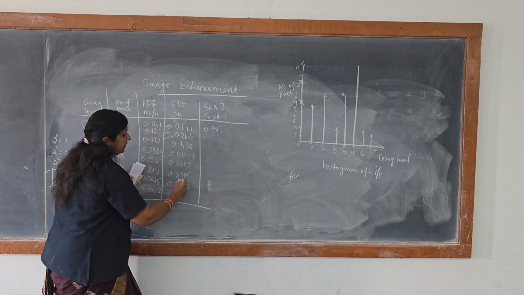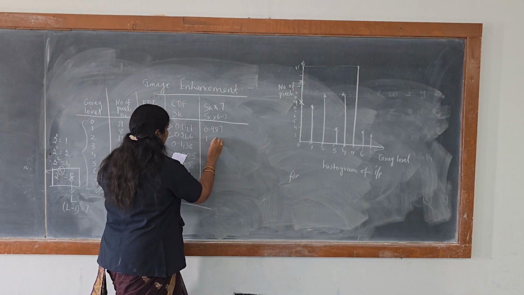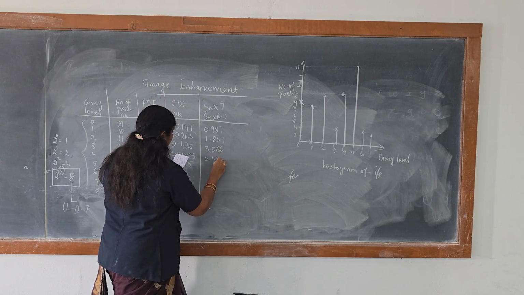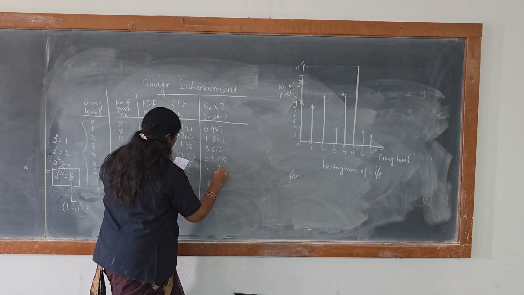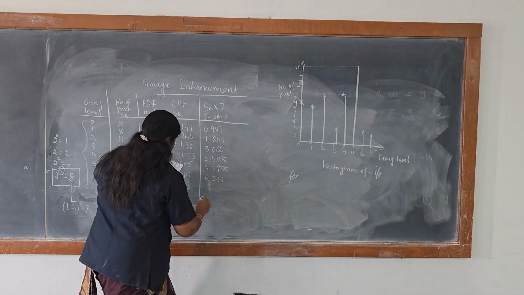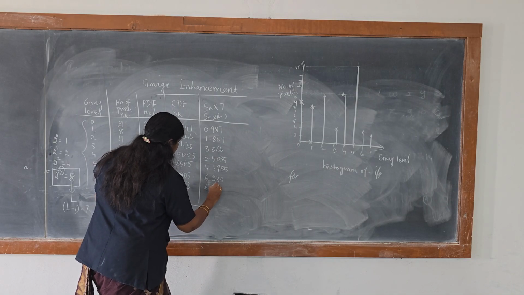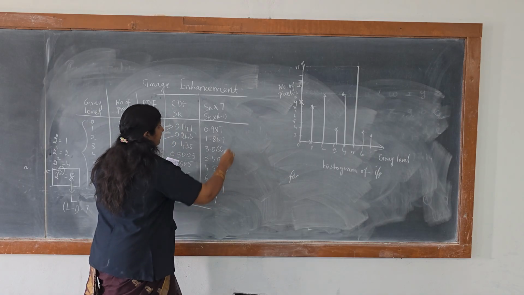Similarly, multiply all these values with 7 and you will get the following values: 1.867, 3.066, 3.5035, 4.5955, 6.233, 6.671, and finally 7.